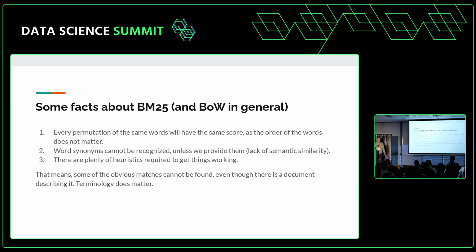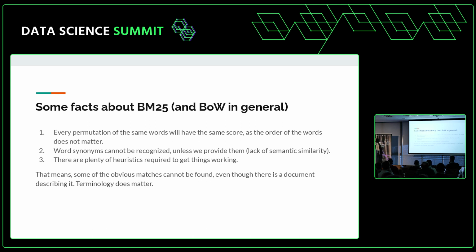Word synonyms won't be recognized at all unless we provide a mapping of words into some different ones, just because we only rely on those exact words. So there is no semantic search included in BM25. And we need a lot of heuristics just in order to start working with that, like lemmatization or stemming. So there are a lot of things that we need to perform manually, and that's a process that requires a lot of effort.